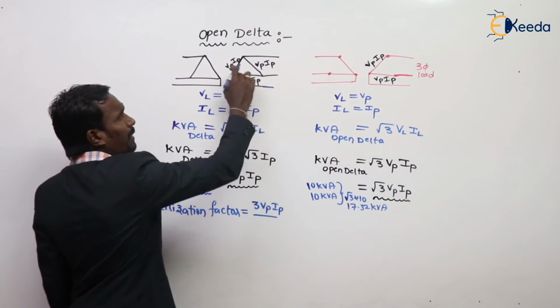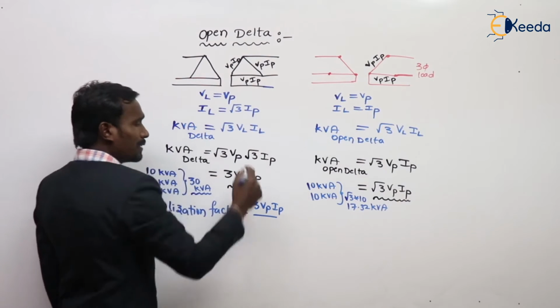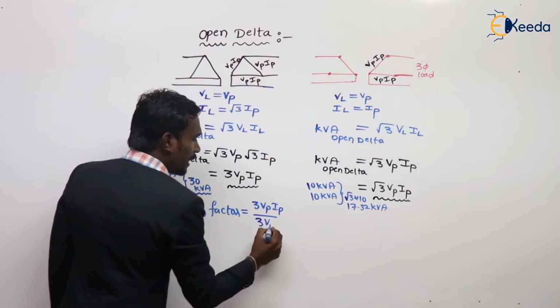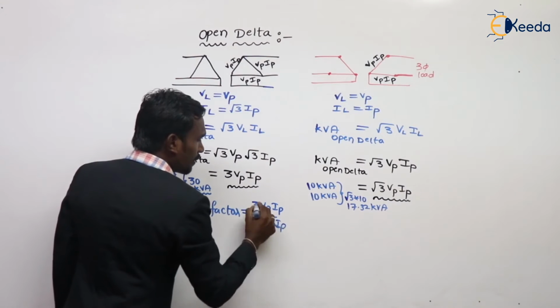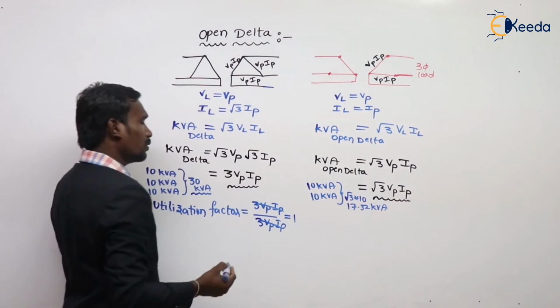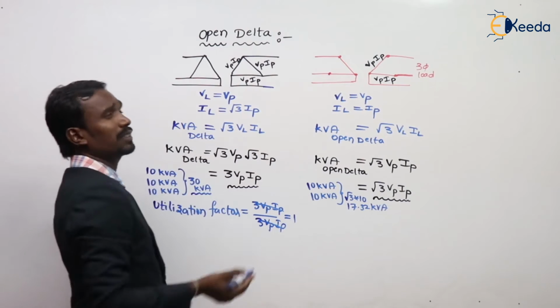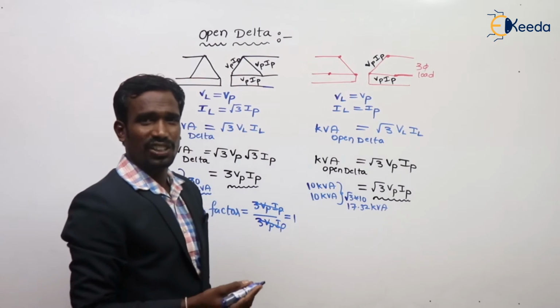The total capacity is 3 times V phase I phase, so the ratio is 1. So the utilization factor is 100% in delta connection.